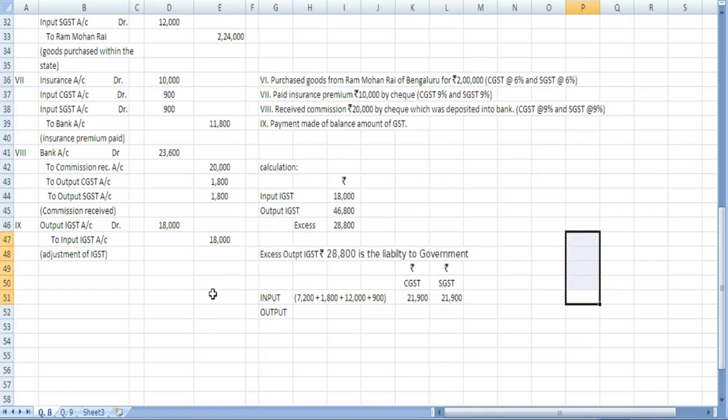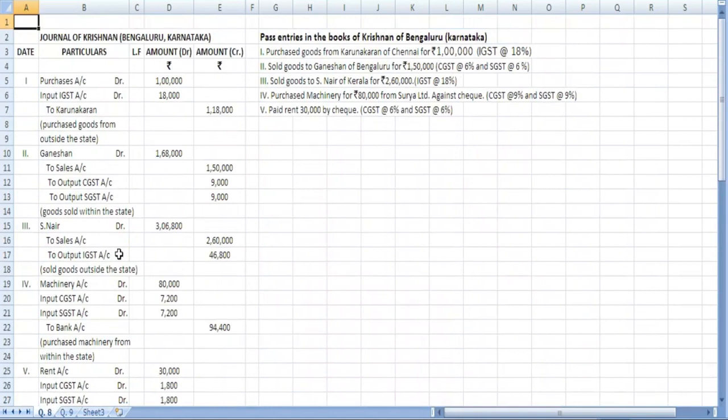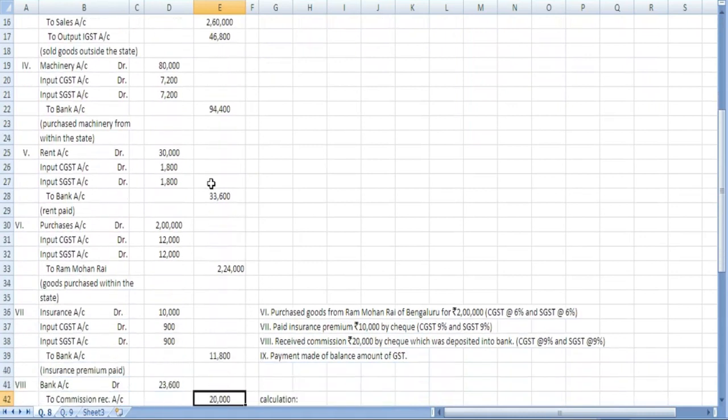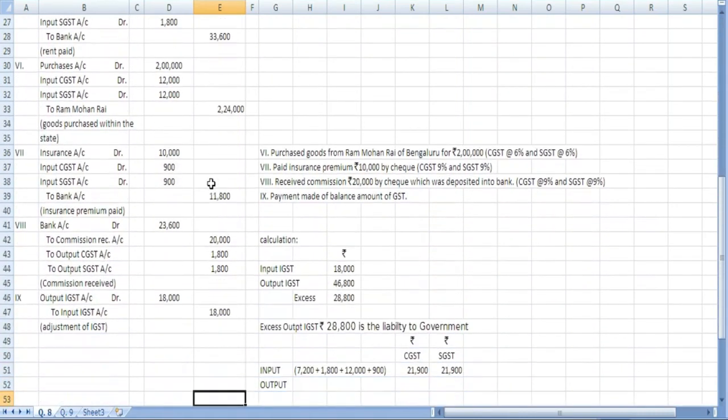Then we have output. So let us search the output now. We have done with input, so we'll search output CGST and SGST. So we have here 9,000 output, then we'll come down, 9,000 and then 1800, we got here 1800.